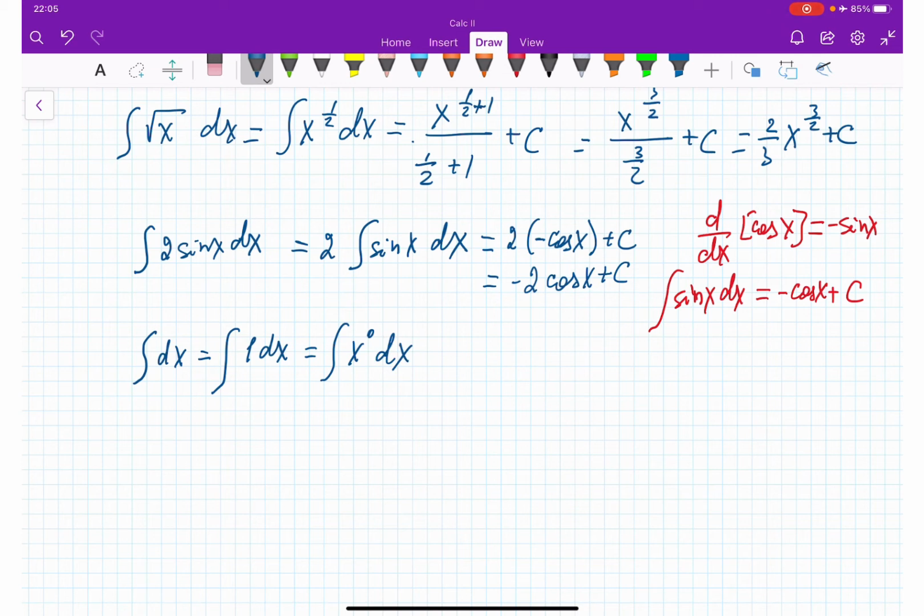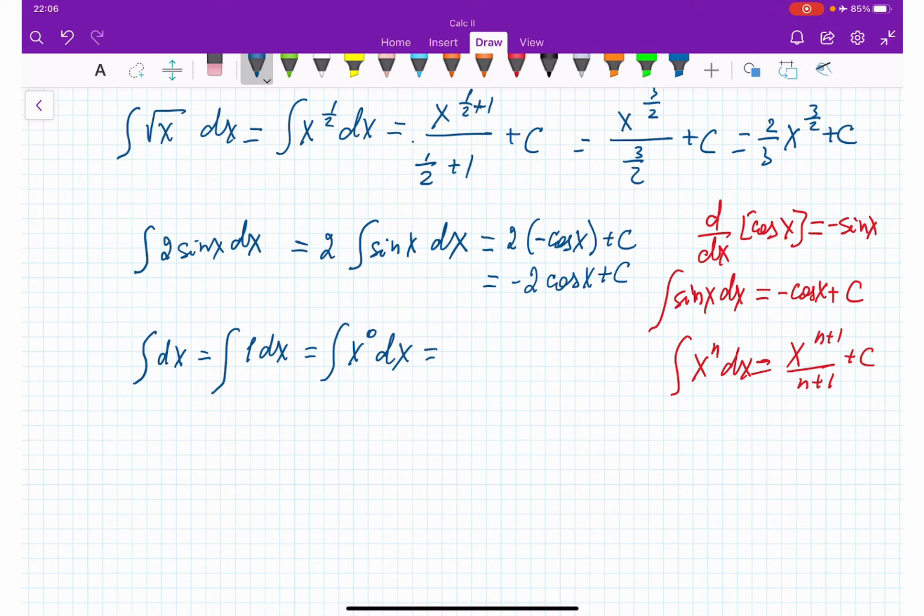If we have x to the power 0, what property can we apply? The integral of x to the power n dx is equal to x to the power n plus 1 over n plus 1 plus c.